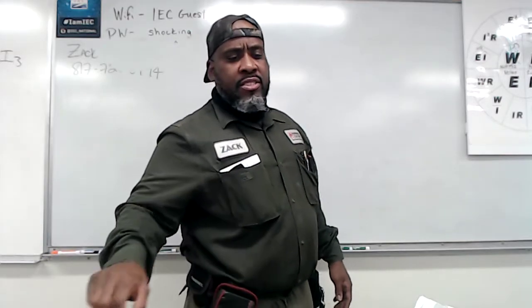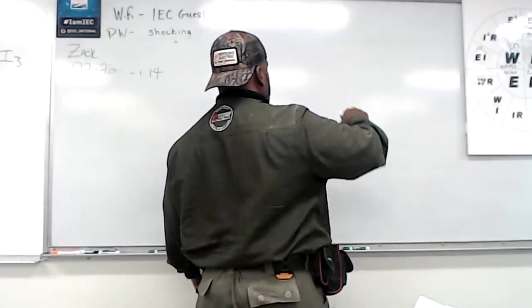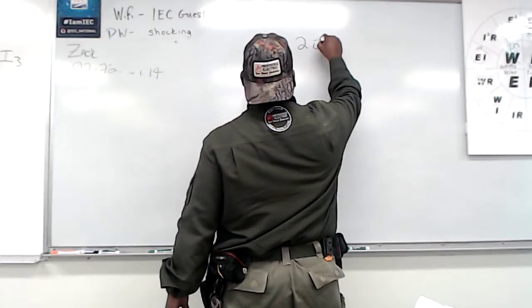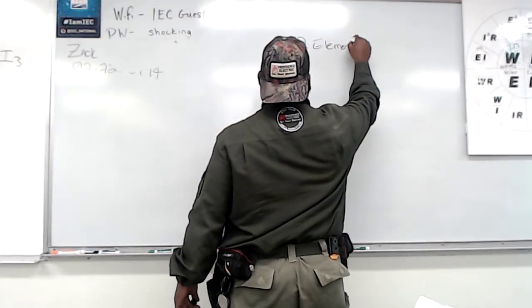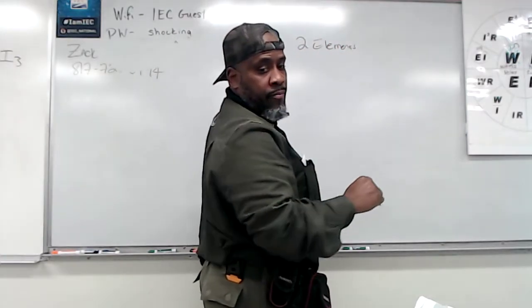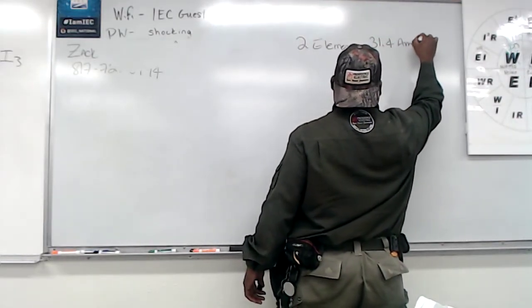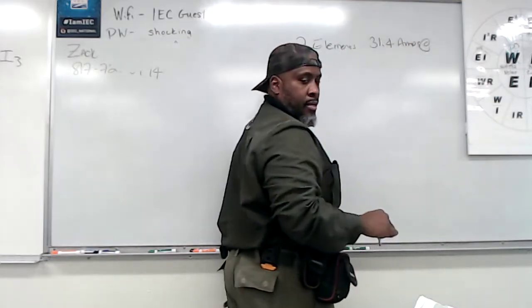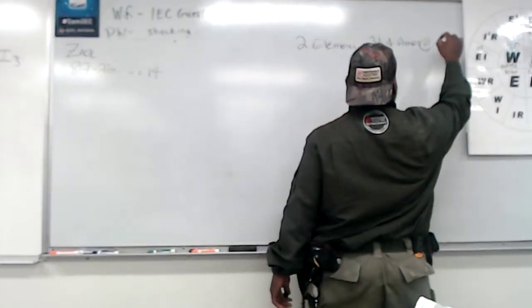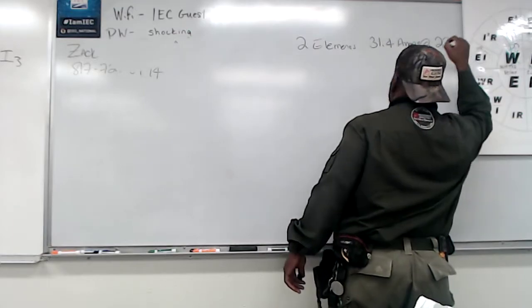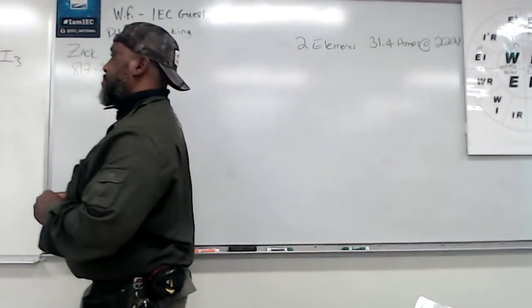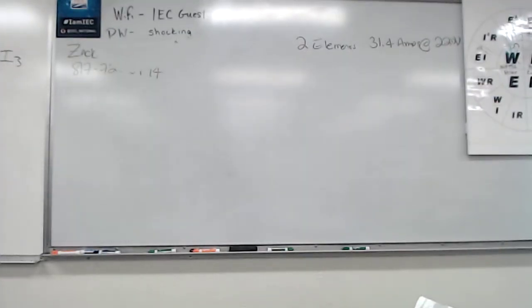What do we know about 36? Right off the bat, 480. We got 2 elements. 31.4 amps at 220 volts. Is that real or is that rated? And how do I know? It's rated.